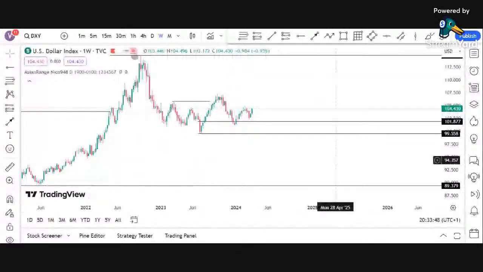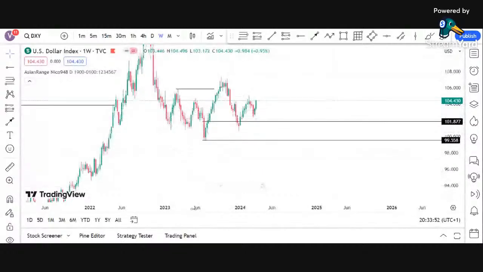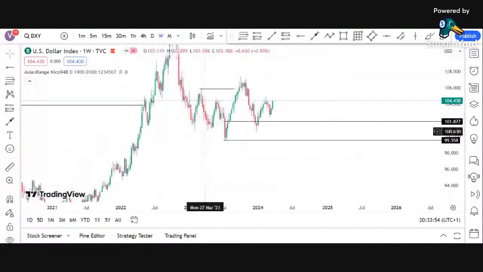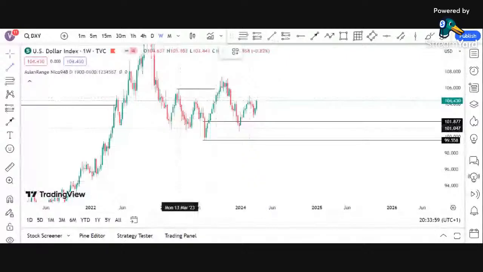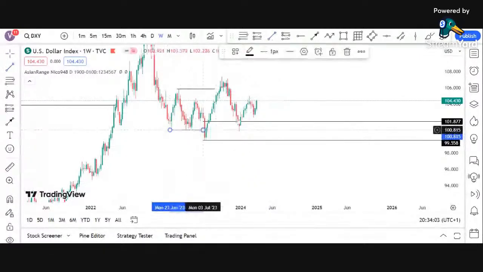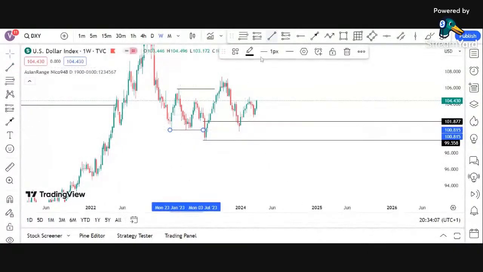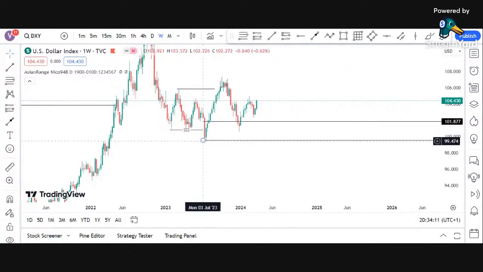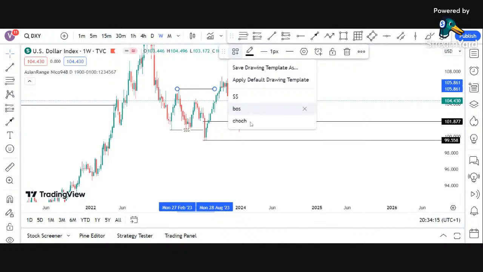On the weekly time frame, you can see clearly that the market already gave us that bullish shift of structure, because we saw the market give us a sweep to the downside, right? Taking out that liquidity, the equal lows, and giving us a change of character to the upside, right?